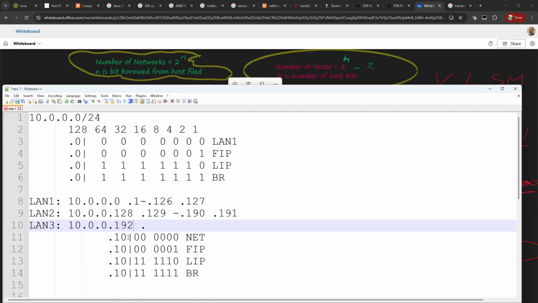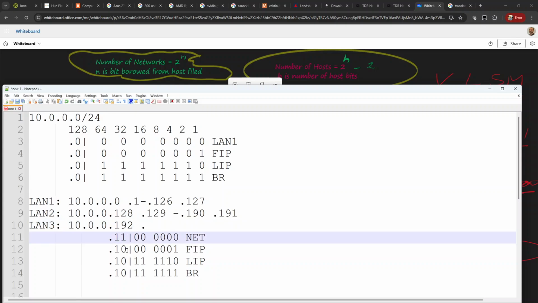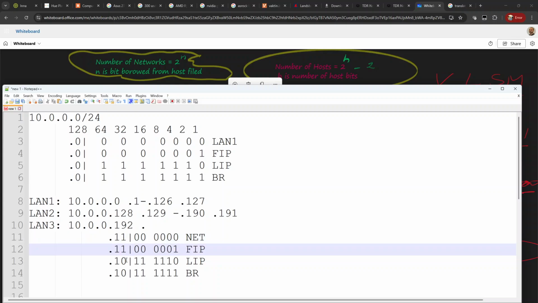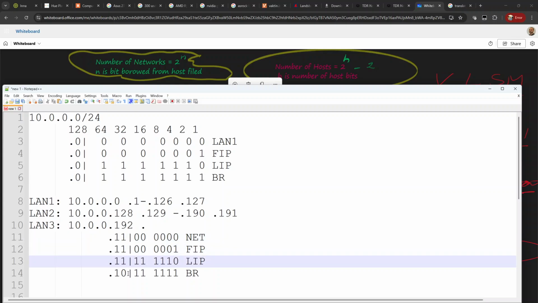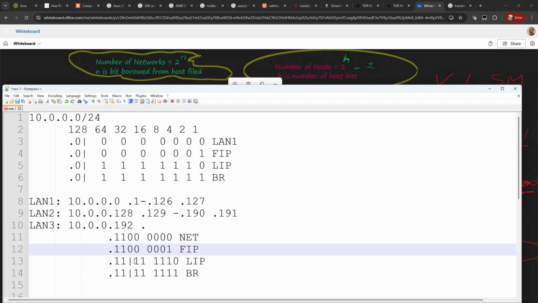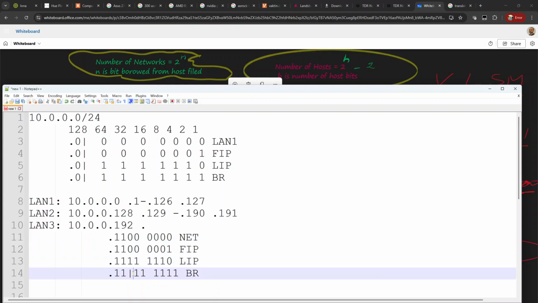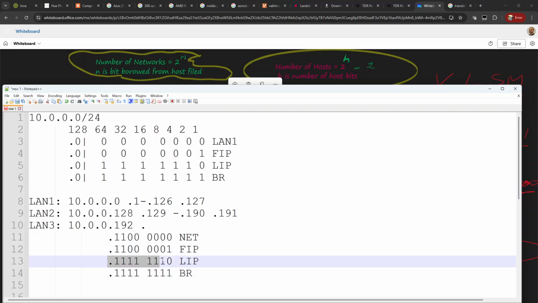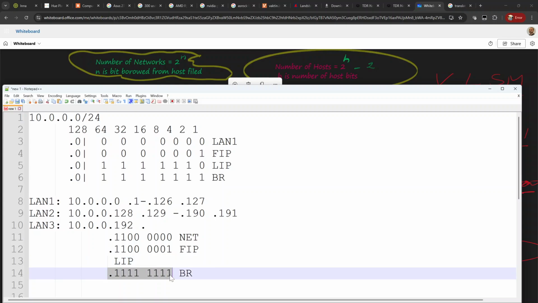So 192, I'm going to write 192 again here. Okay, I'm going to take the vertical bar out because actually we are going to look for the number of bits that need to remain in the host field. And also I'm going to change those right here. So I'm going to take this one out, take this one out.